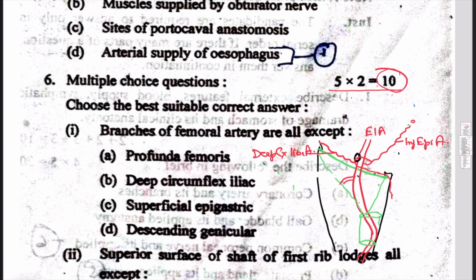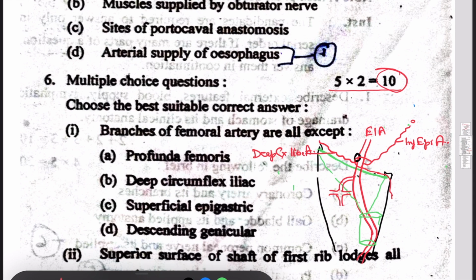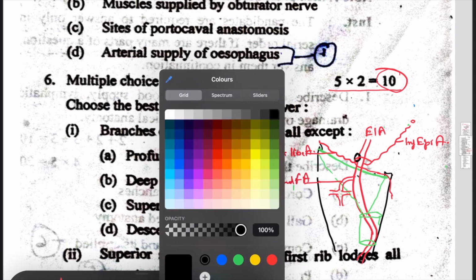When it descends, it gives its two transverse branches, and itself continues down like this. What is this branch? This is the profunda femoris artery.